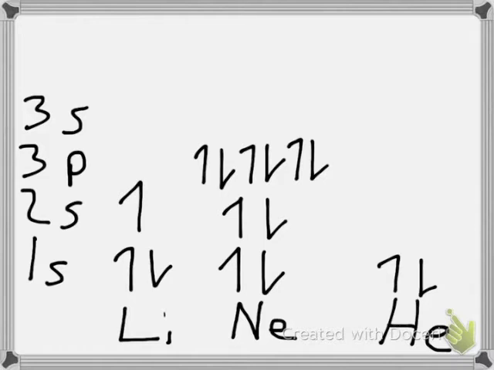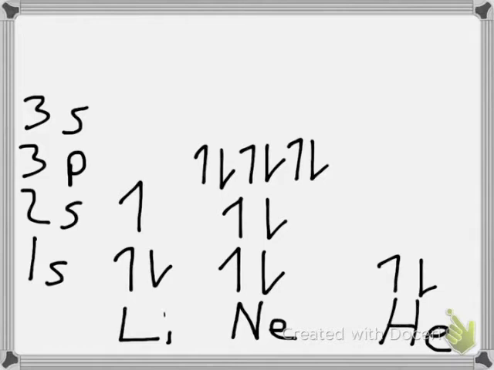In order to achieve an electron configuration that's a noble gas, it can either gain 7 electrons and get to neon, or it can lose 1 electron and get to helium. So which one would you think it would go to? It could gain 7 electrons, but that is a lot of electrons to gain.